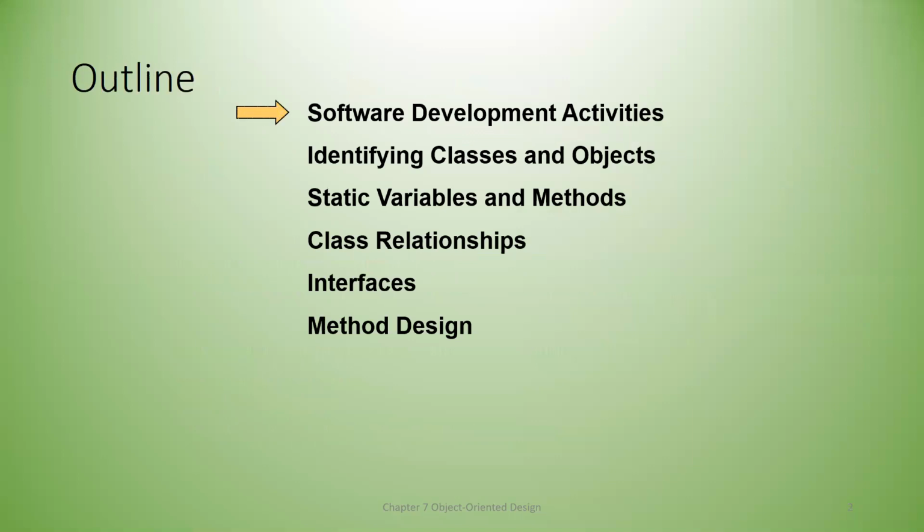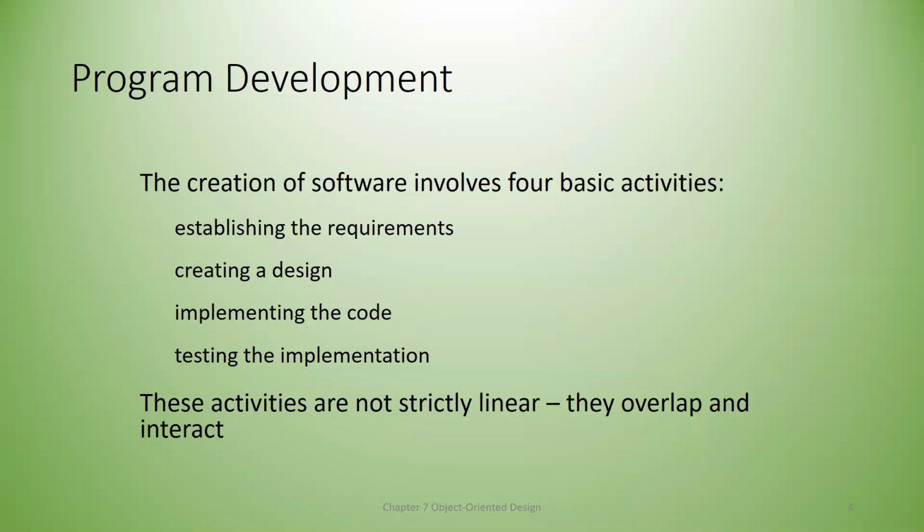And software development activities, we briefly discussed this in class 1. So how do you develop a program? These are the 4 things you must do. Establish the requirements. You remember when I give you a project, I have the description of the project, right?